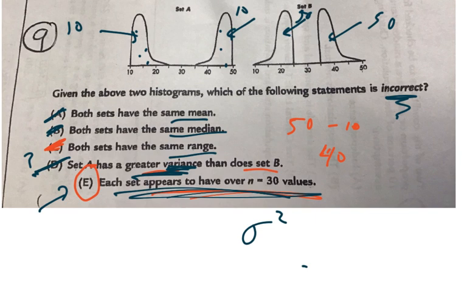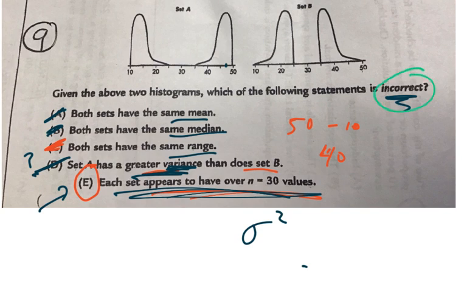Guys, when you look at a graph, a lot of times, especially histograms and box plots, you can't see the data itself, right? Or how much data is there. Okay? Hopefully you're starting to understand that. So E actually was the worst of the two choices, which is what we want. Because we wanted which one was incorrect.